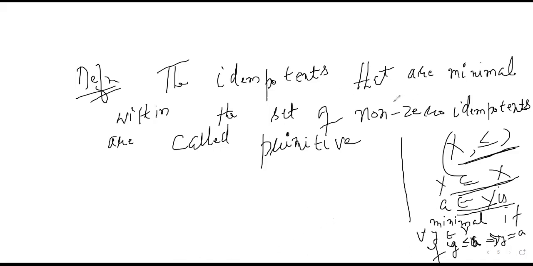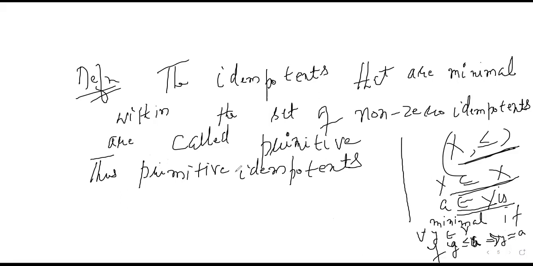So when I say that an idempotent is primitive, it means that by definition of minimal, primitive idempotents have the property that they are minimal within the set of non-zero idempotents.